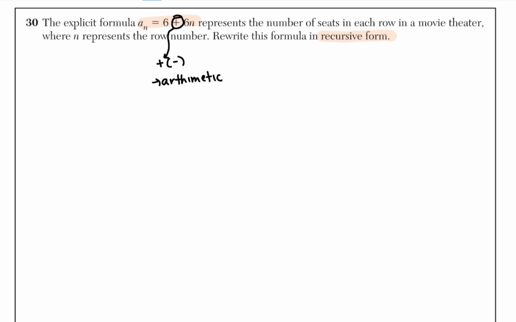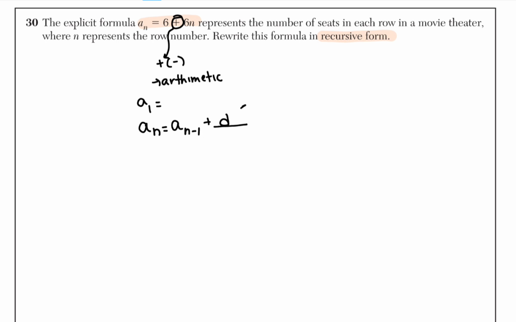So we're going to use our arithmetic recursive formula, which says a1 equals, and then a1, and then we have an equals an minus 1 plus d.